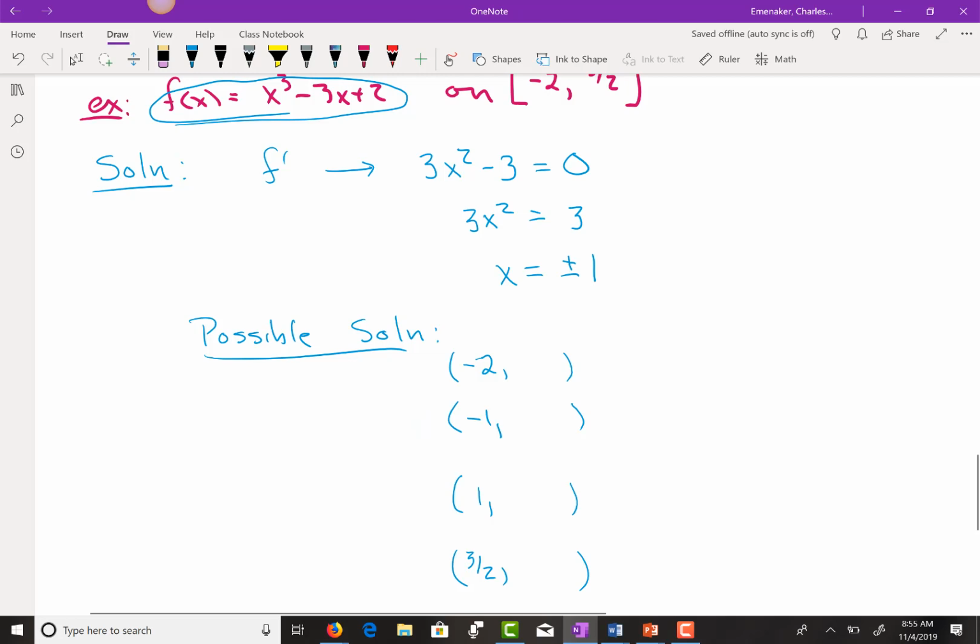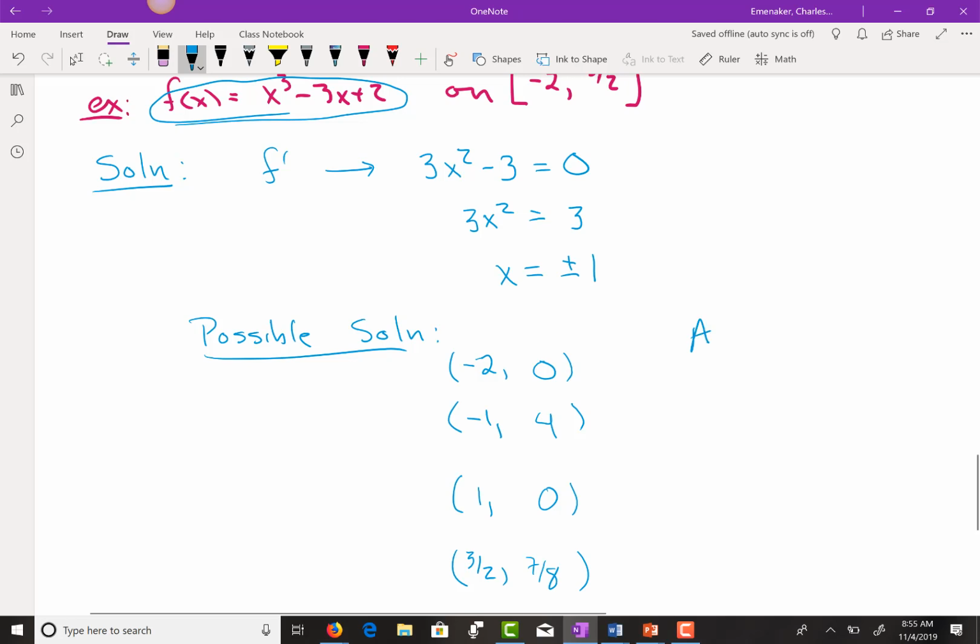The easiest way to determine what the winning number is is to evaluate the y value for each of the points. At negative 2, it's 0. At negative 1, it's 4. At 1, it winds up being 0. And at 3 halves, it's 7/8.